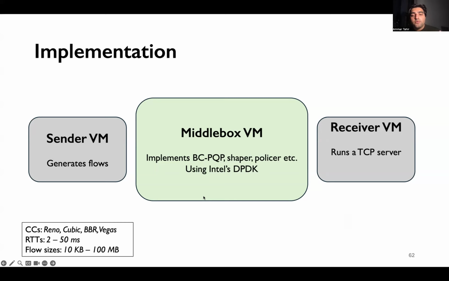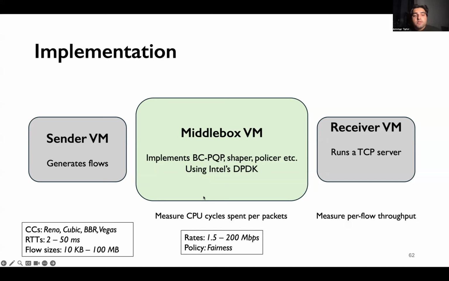And our flows are of different sizes, ranging from 10 kilobytes to 100 megabytes. We enforce rates of 1.5 to 200 Mbps, and we implement fairness between flows within each shaper or policer whenever it's possible. We measure CPU cycles spent per packet on the middlebox VM and per flow throughput on the receiver VM.